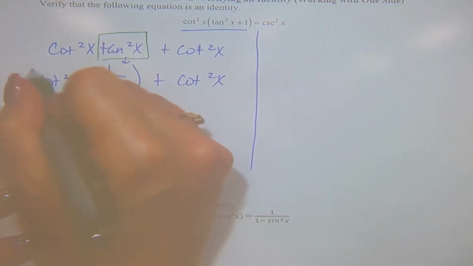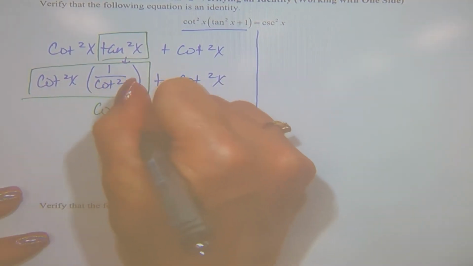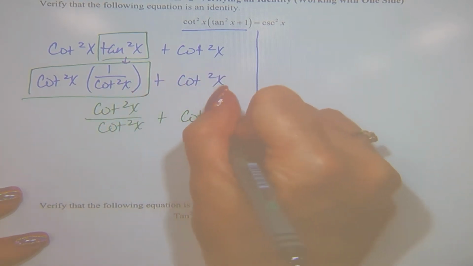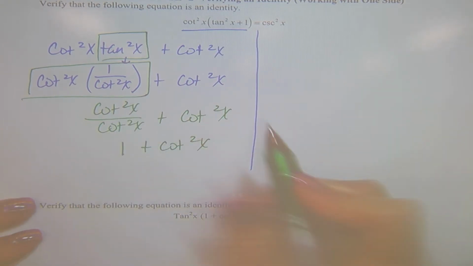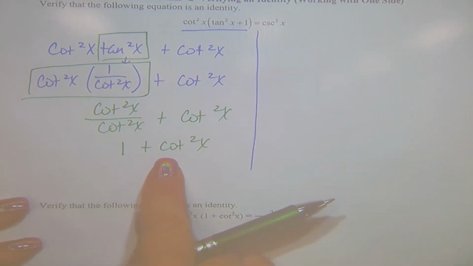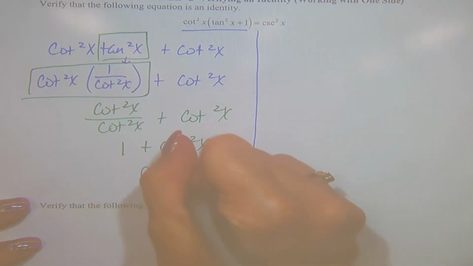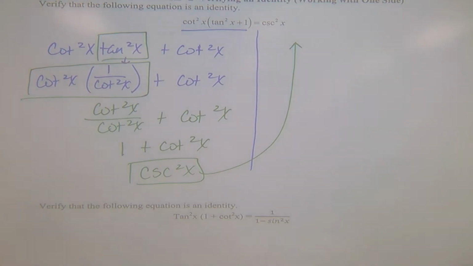And then when I multiply these two together, that's just 1, because that's cotangent square x over cotangent square x. And this is one of my Pythagorean identities. 1 plus cotangent square x is cosecant square x. And I have verified that identity.